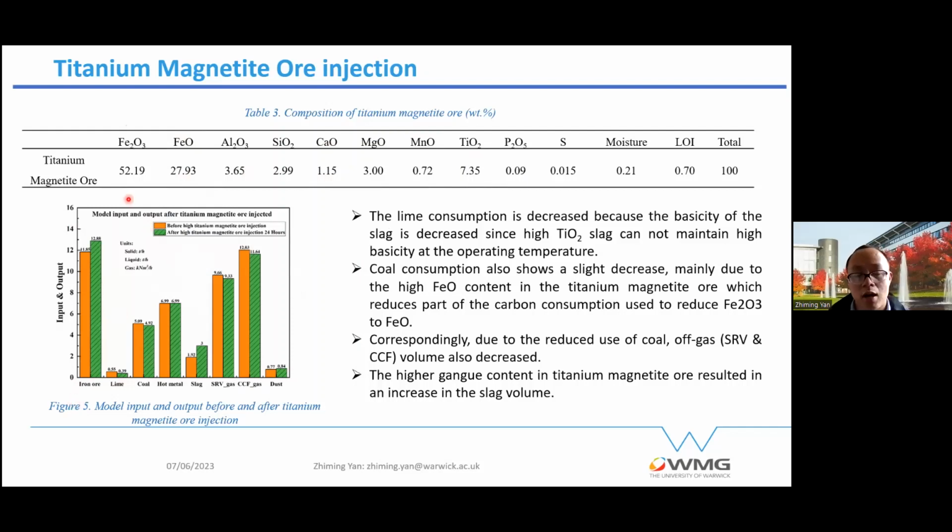Since we have no iron content in the titanium magnetite ore, we need more iron ore injection here. But since we have high FeO content, we need less coal for the reduction of Fe2O3. So the coal consumption has a little bit of decrease. Correspondingly, the off gas has a little bit of decrease as well. But the slag volume increases since the grade of this titanium magnetite ore is not as good as the previous iron ore.